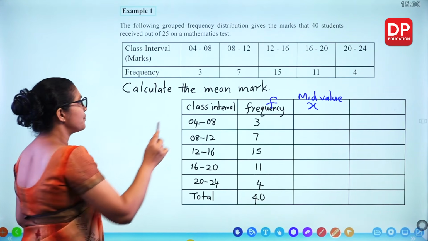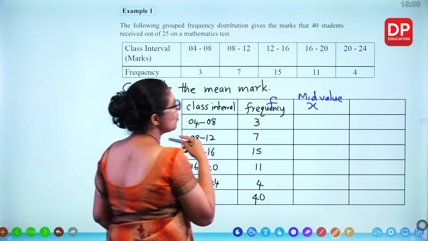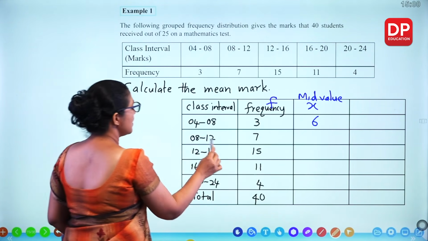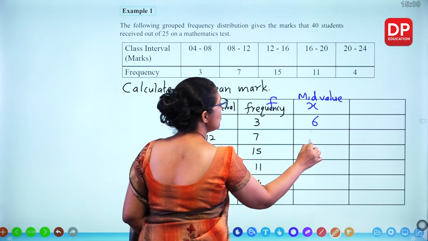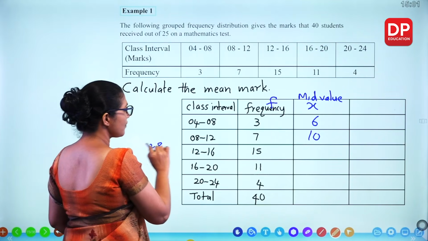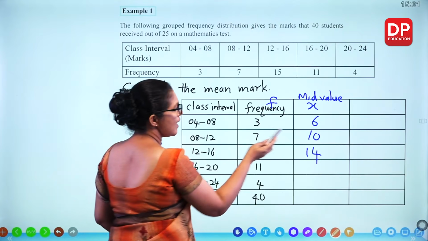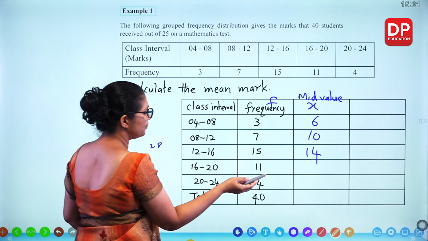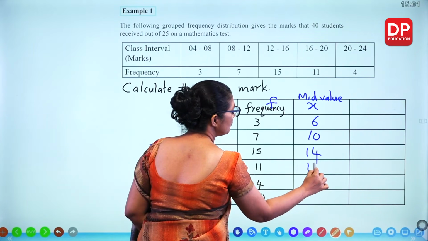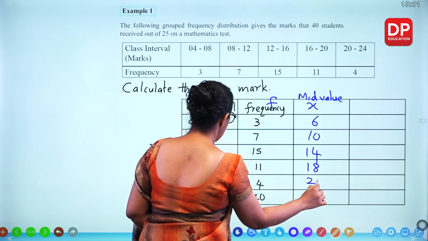Boundaries given. 8 plus 4, 12, 12 divided by 2, 6. 20 divided by 2, 10. This one, 28 divided by 2, 14. So here it's just like adding 4. This should be 18. This should be 22.